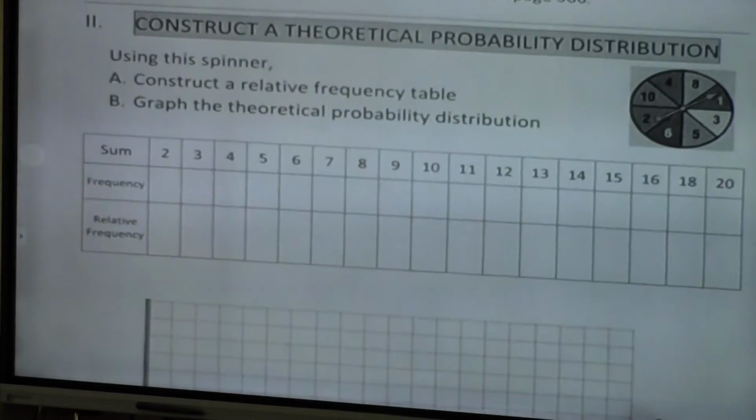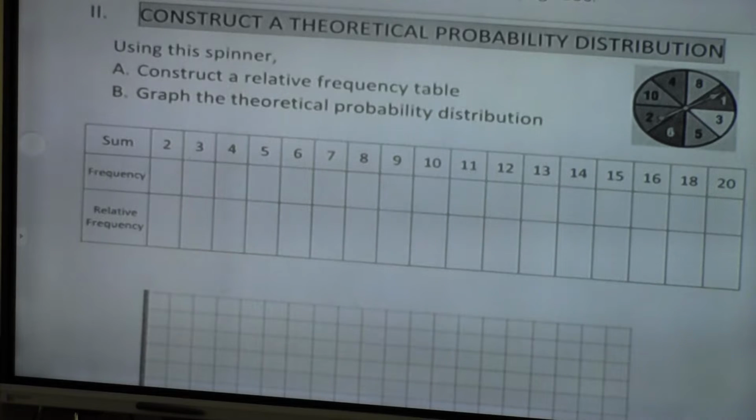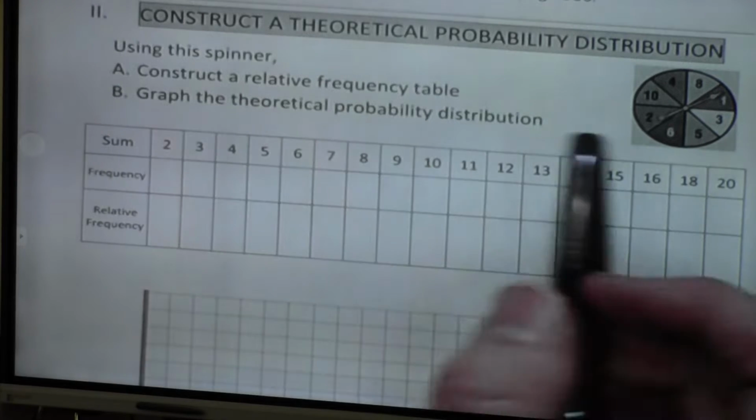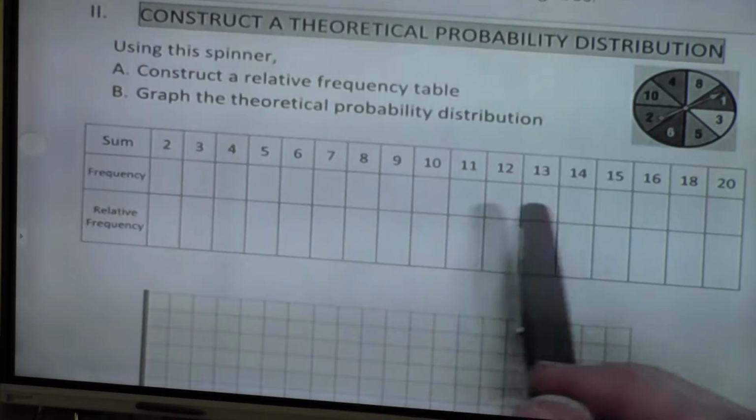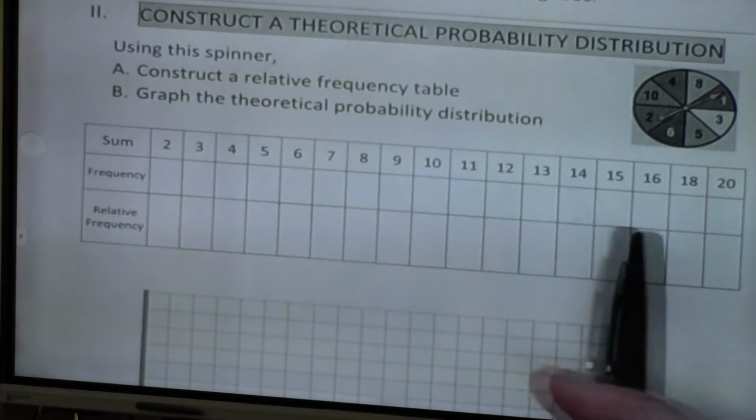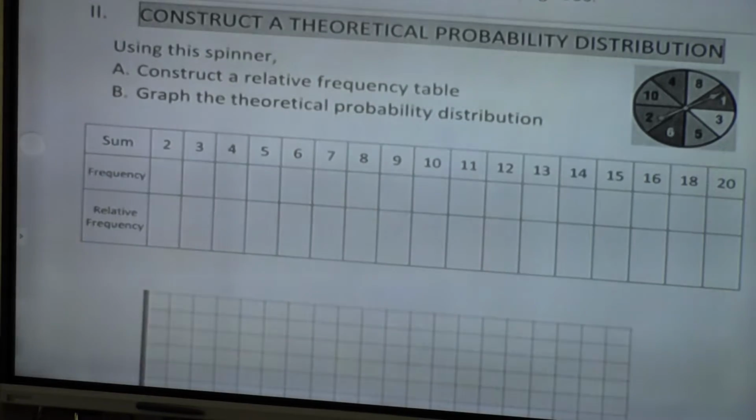Let's take a look at this. Constructing a theoretical probability distribution. So we're going to use this spinner. We're going to construct a relative frequency table and graph the theoretical probability distribution.